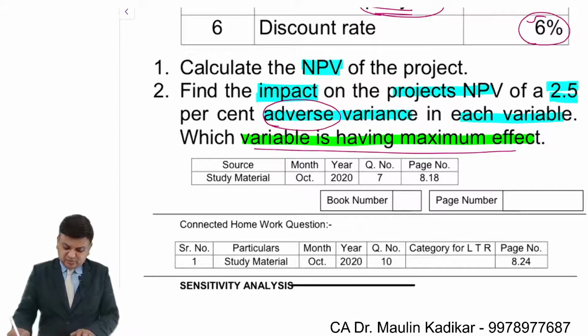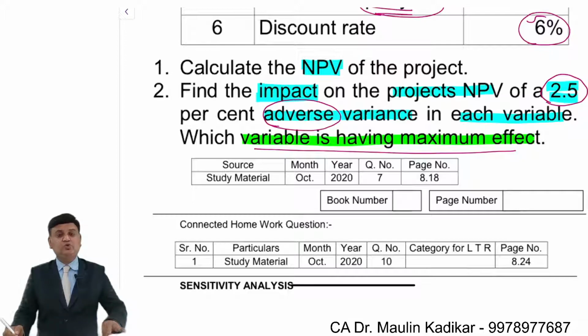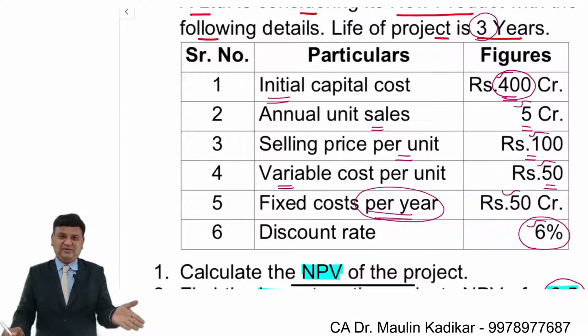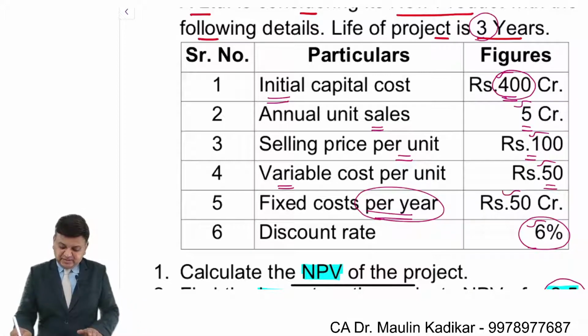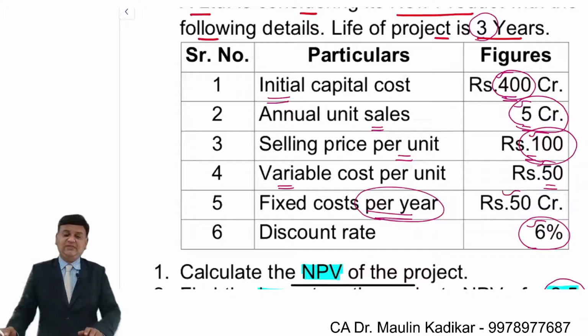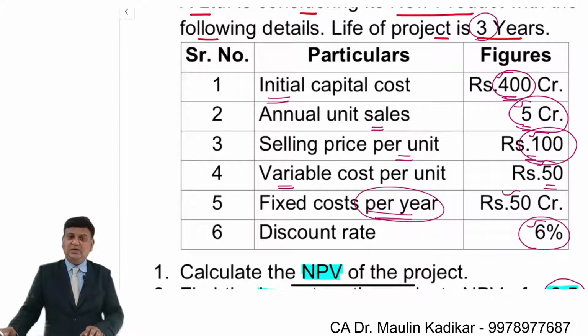It has been given to us that you have to consider that there is 2.5% adverse change. It means that if at all the investment increases by 2.5%, you have to compute the revised NPV. Sales units reduces by 2.5%, revised NPV. Selling price reduces by 2.5%, revised NPV, and so on.